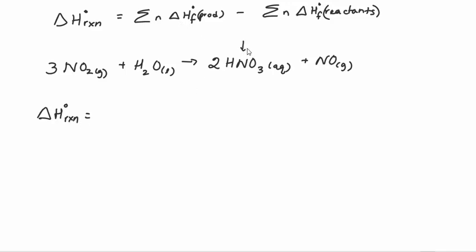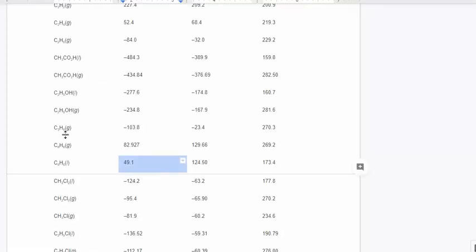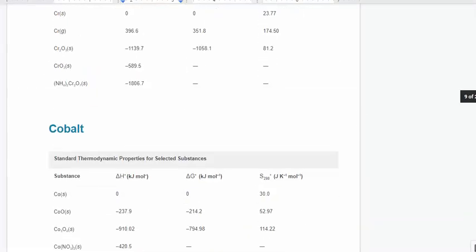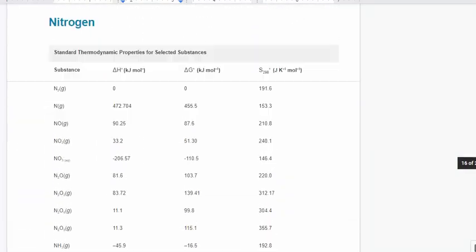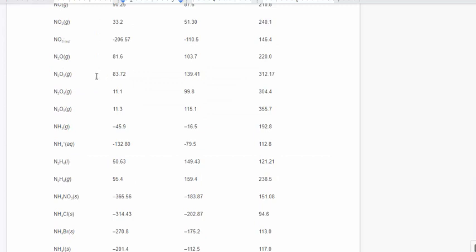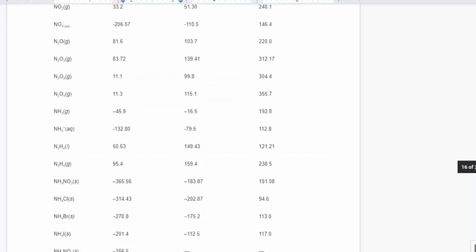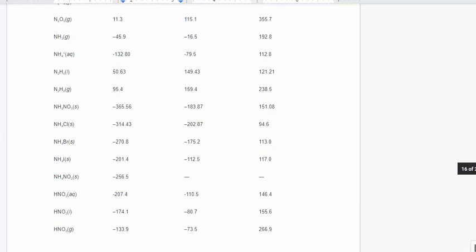So I'm going to go down here to nitrogen, and I'm looking for nitric acid. It's important to get the phase correct. Here's aqueous nitric acid.